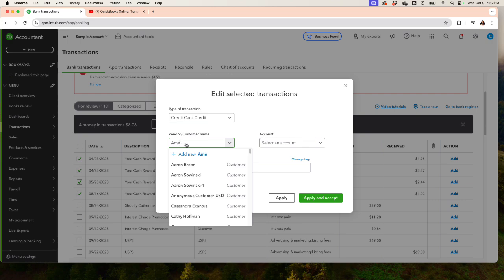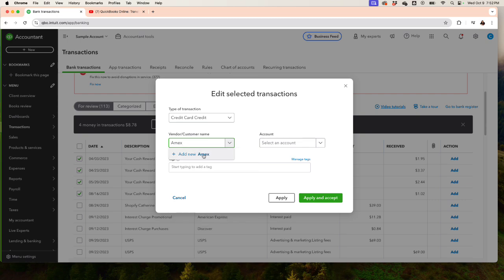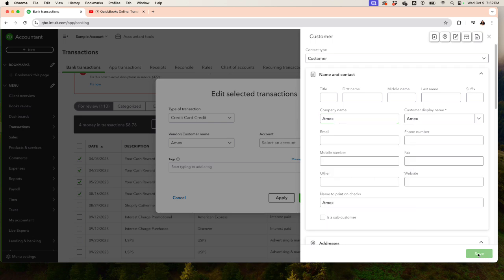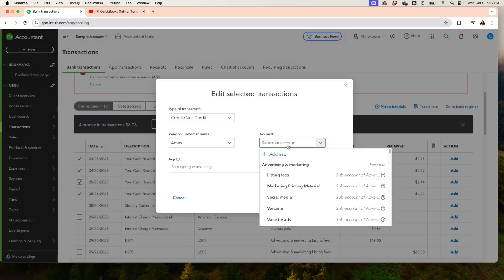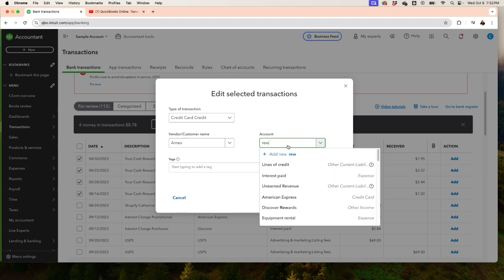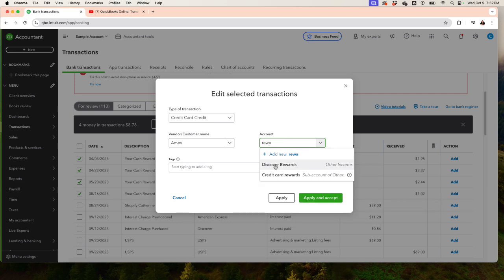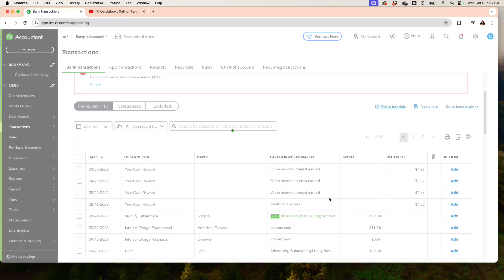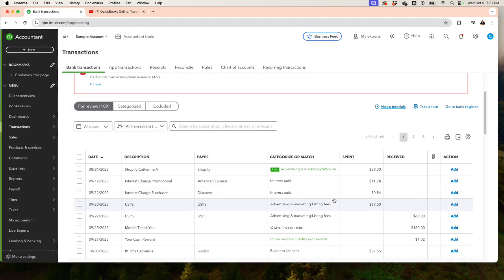I'm gonna put a max. Okay, and here I'm gonna put what it was. Rewards, credit card rewards. So it's actually an other income account, and I have a few more.